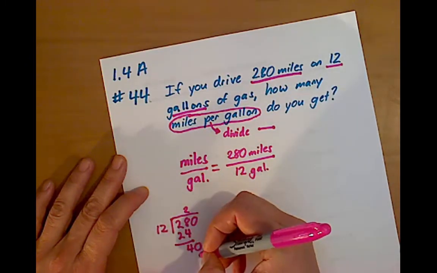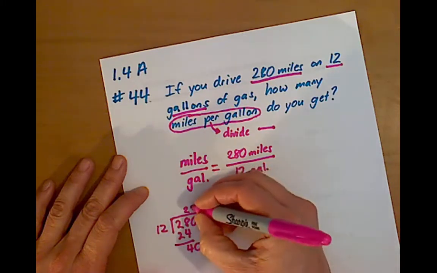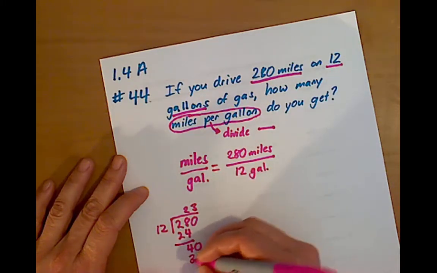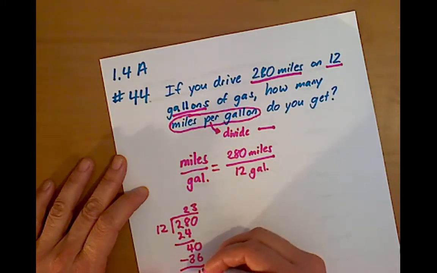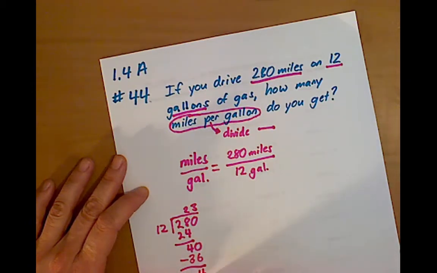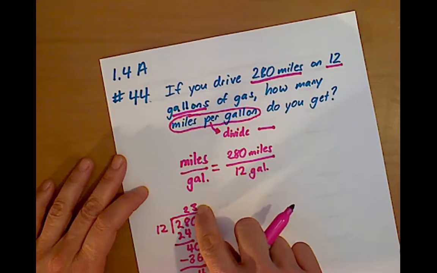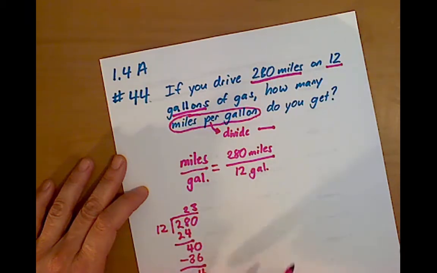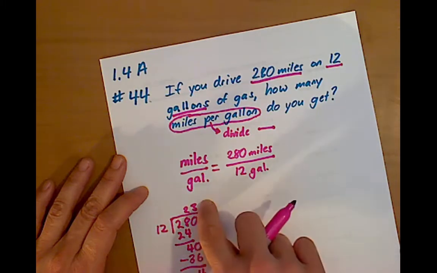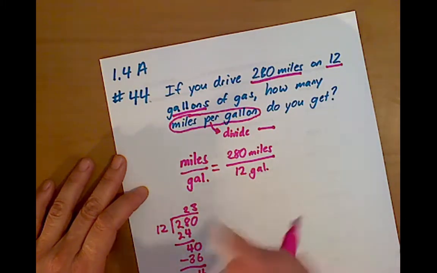And then 12 goes into there 3 times. 36, subtract, and we have 4 left over. This is going to keep repeating. See, we had 4 left over here. We put a 3 there, we got 36, and we got 4 left over again. Bring down another 0, that gives us 40. We'll put a 3 there. It's going to keep going 3, 3, 3, 3, 3, 3. It's going to be a repeating decimal.